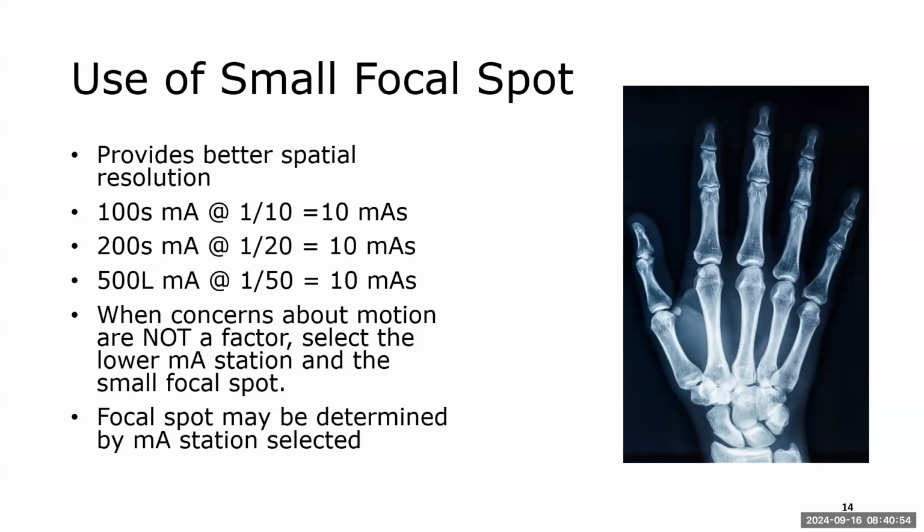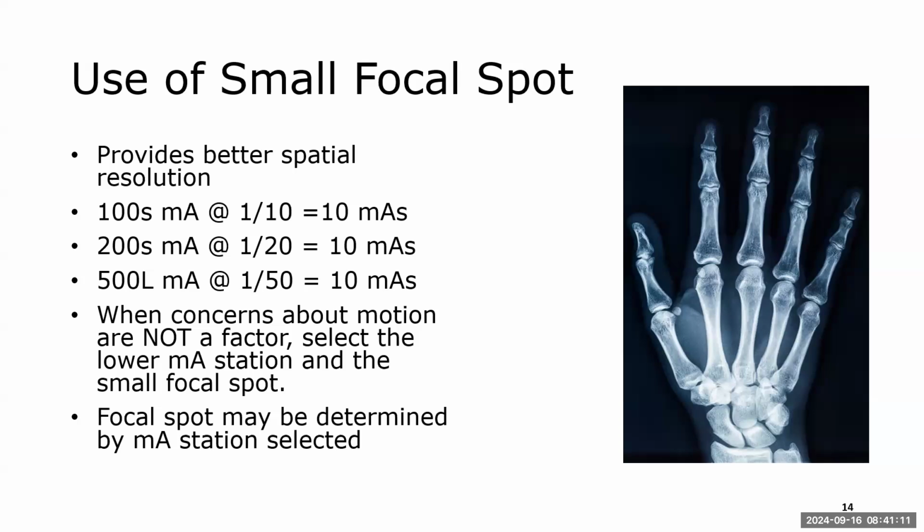Some equipment may choose the focal spot when you choose your MA station, or it may be independent and let you choose small or large independent of an MA station.